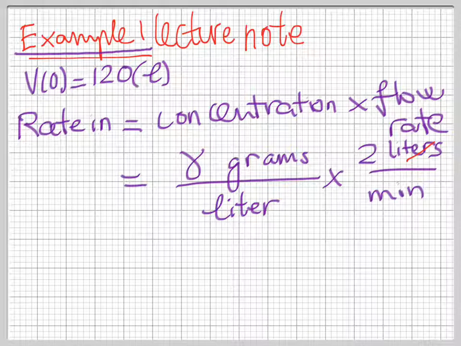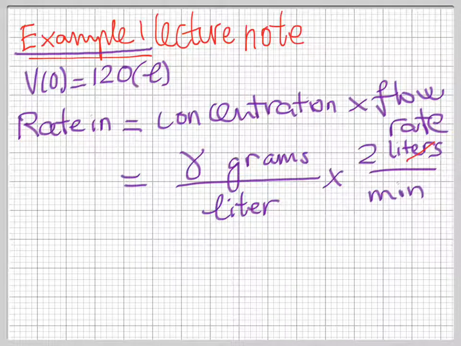And you can see it here. The units cancel out nicely, because the unit for the concentration is grams per liter and the unit for the flow rate is liters per minute.